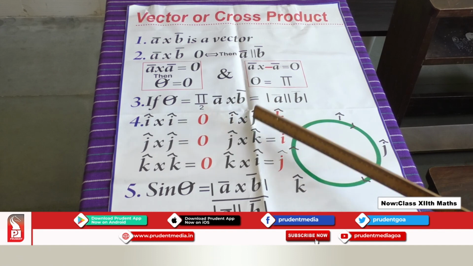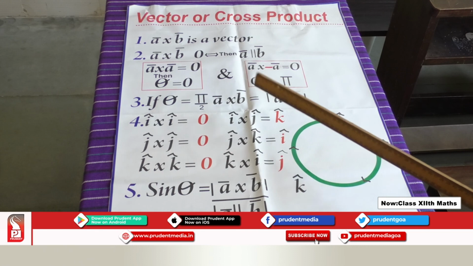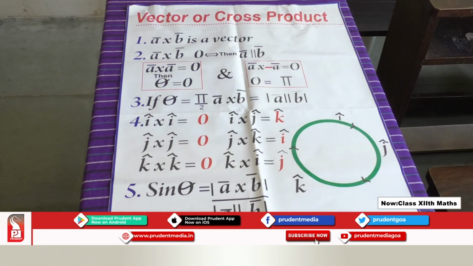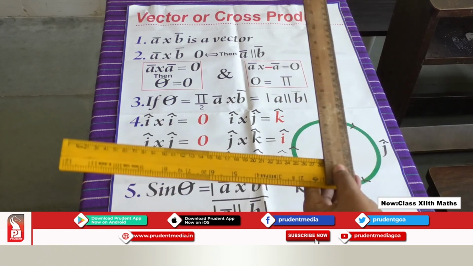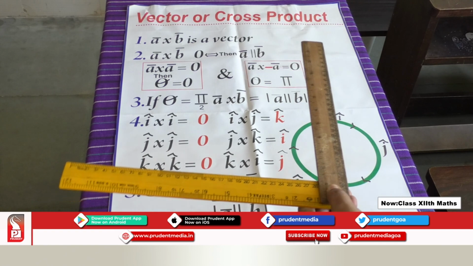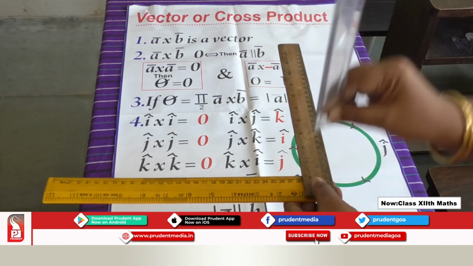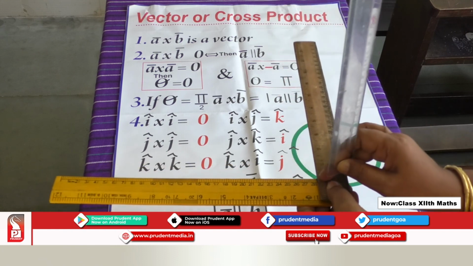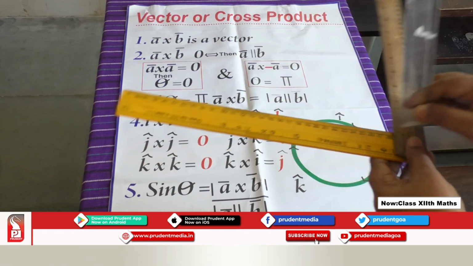Now i cross j: i and j are the unit vectors along x axis and y axis, and i cross j will be a vector which is perpendicular to both. Suppose i is along the x axis and j along the y axis, i cross j will be k, like this. Similarly, j cross k will be i and k cross i will be j, because these three vectors are perpendicular to each other.